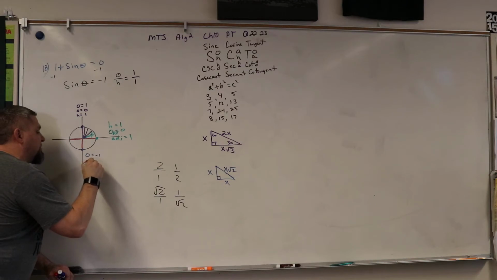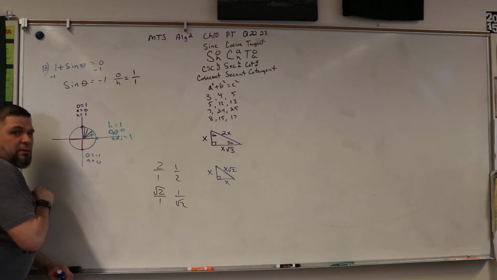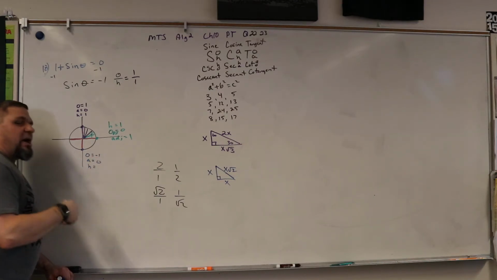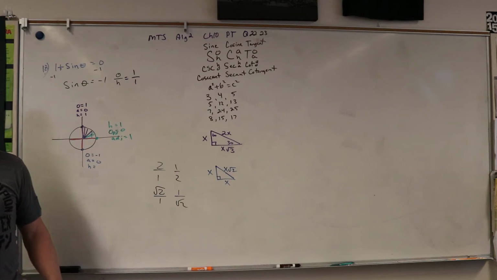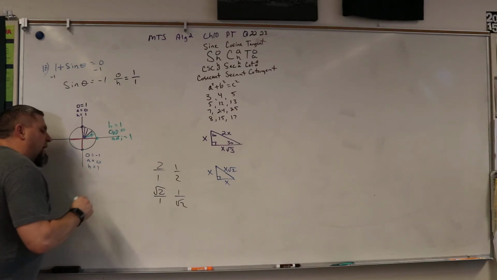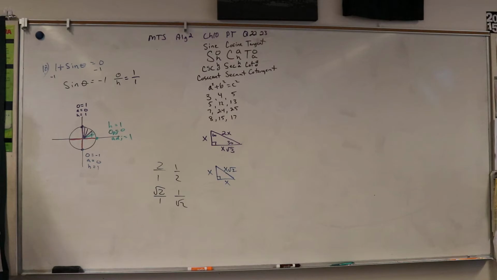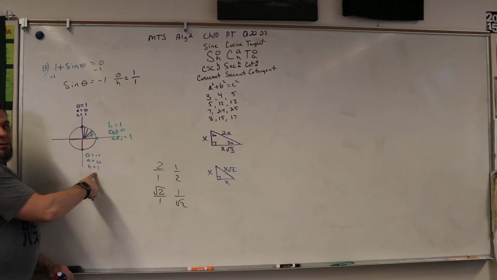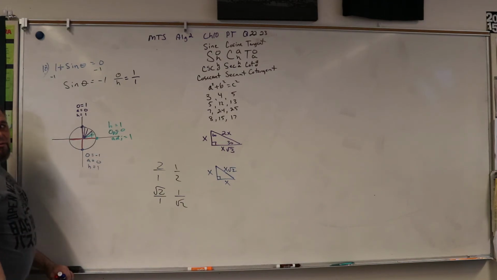The adjacent would still be 0. And the hypotenuse is always positive. So at that point, we have negative 1 and 1.